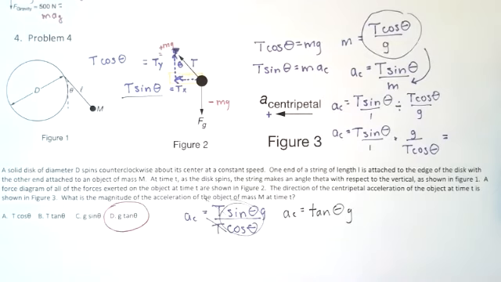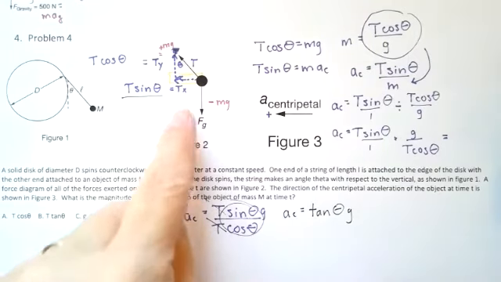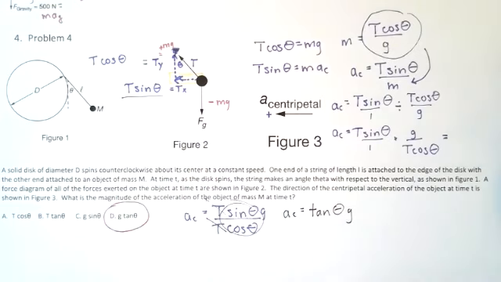So let's talk about what we did here. First of all, I came up with an equation that was unique to this situation by combining my horizontals and my verticals. I could find out what my centripetal acceleration is without knowing my mass, without knowing anything other than the angle.